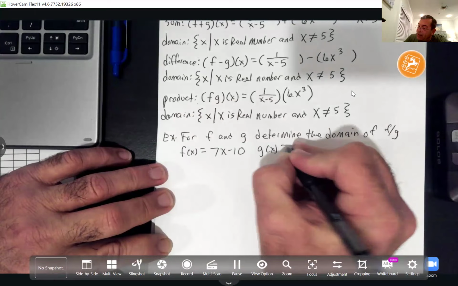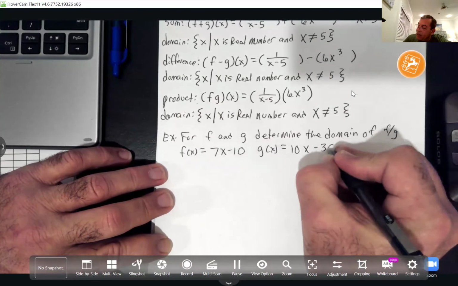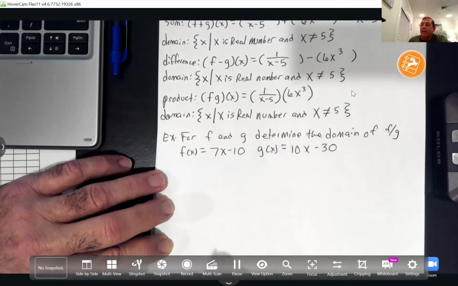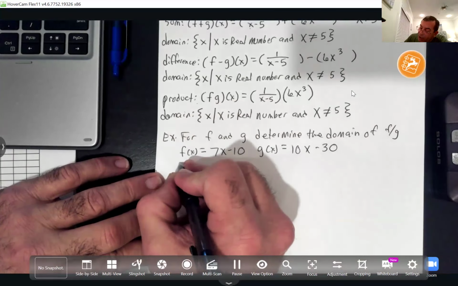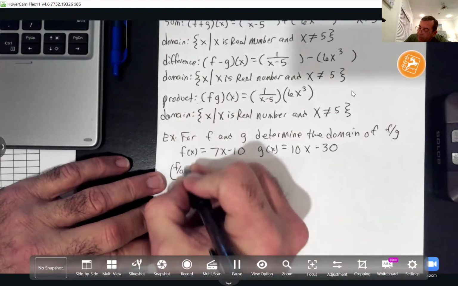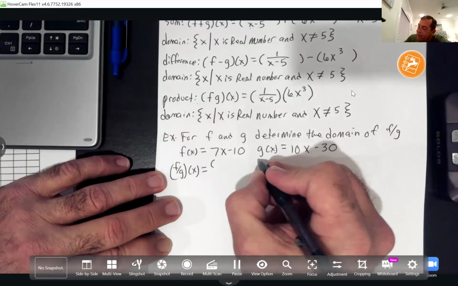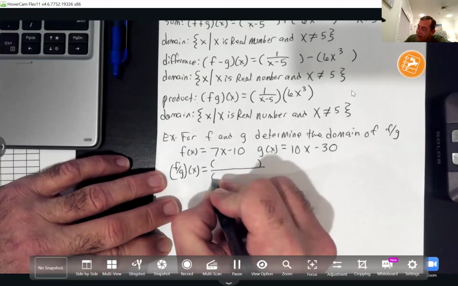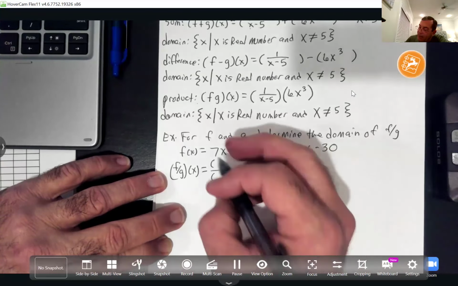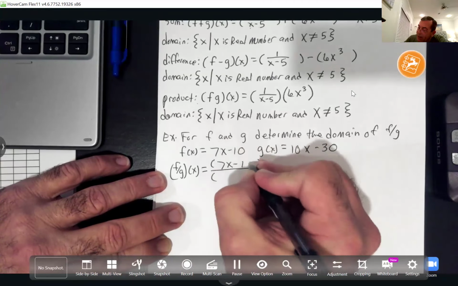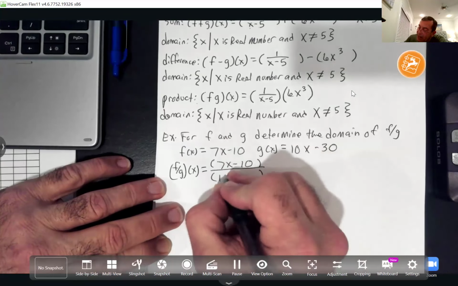G of x is going to equal 10x minus 30. So it's a domain question again. So remember, f divided by g of x will equal my f divided by my g. So y'all on top, my f is 7x minus 10. On bottom, my g is 10x minus 30.